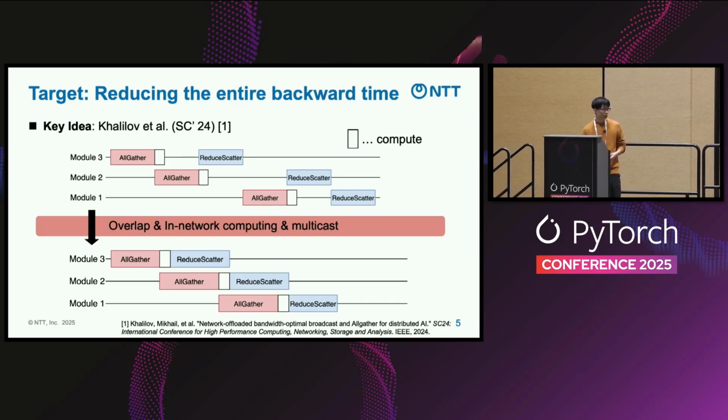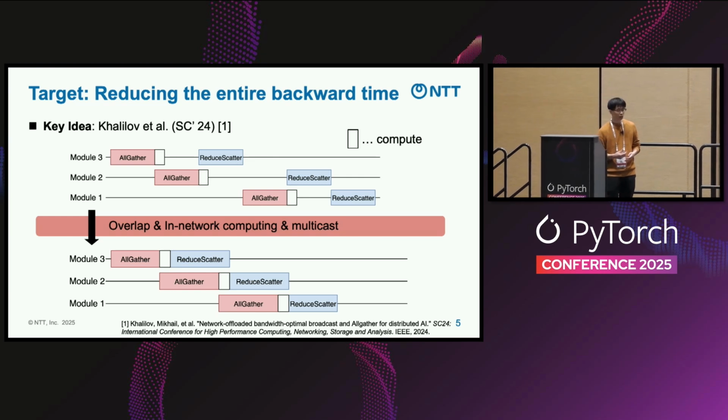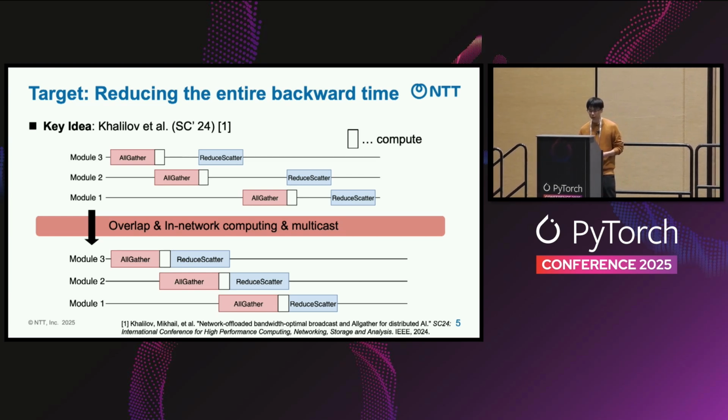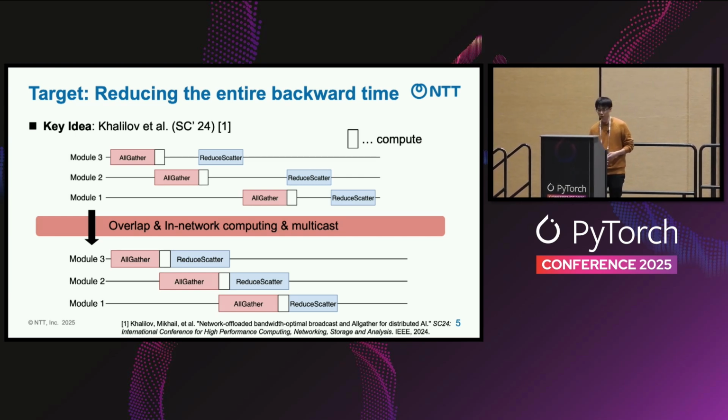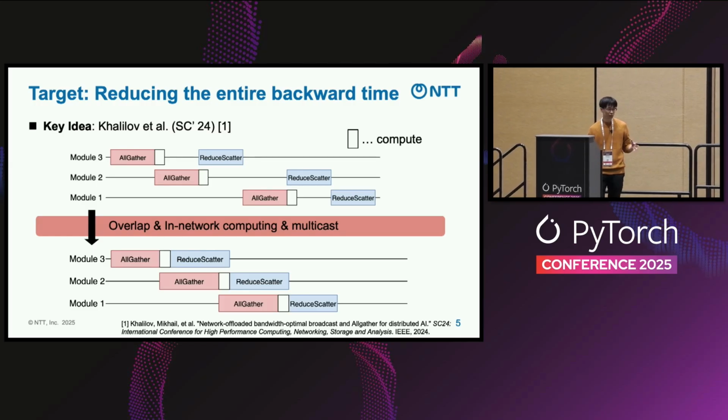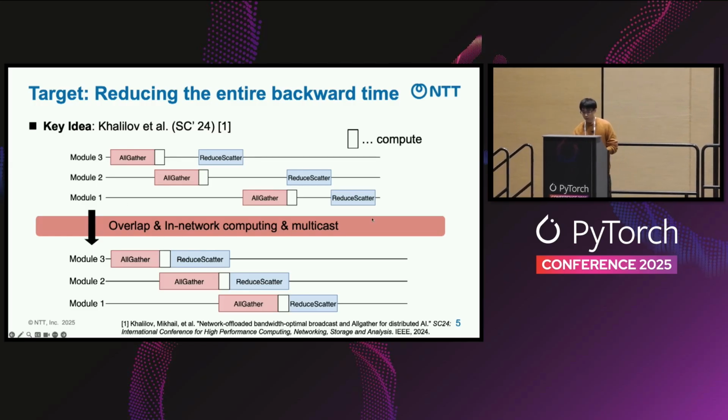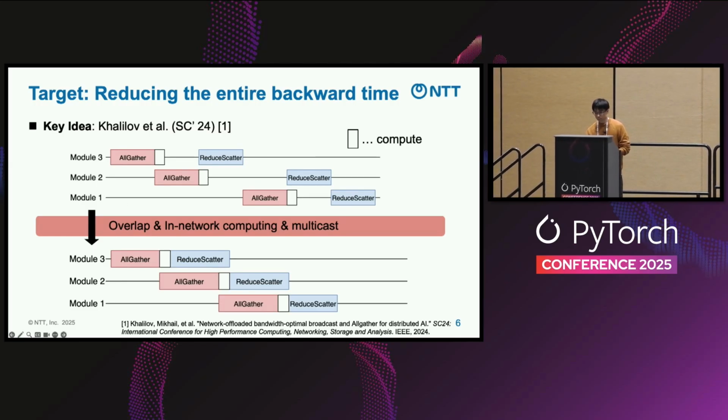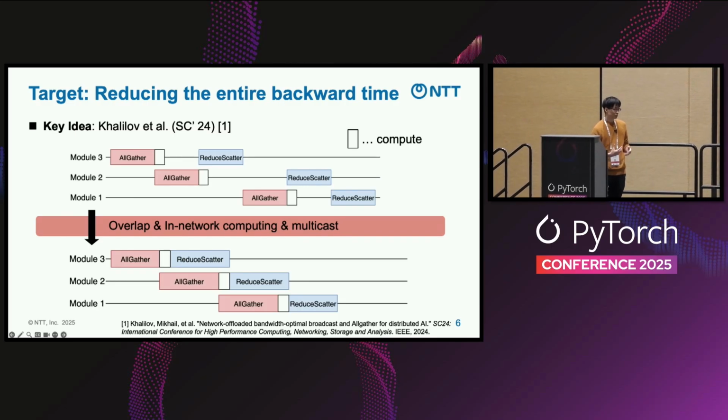This paper proposes that by combining overlapped communication, in-network computing, and multicast, we can reduce the entire backward time of FSDP. But to the best of our knowledge, there have not been any studies that evaluate this technique with PyTorch FSDP and ZeRO, so we try to do it.